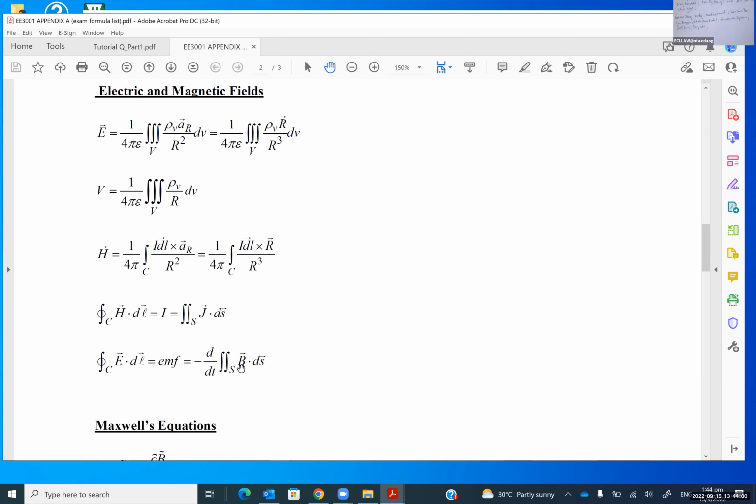B is the magnetic flux density, a vector. dS is another vector, the small area vector. So flux density times area gives you magnetic flux, over a small area. When you double integrate, you get the total flux. Next, you find how it changes with time, d/dt, and put the negative, that's your Lenz's law. That is basically your induced EMF.